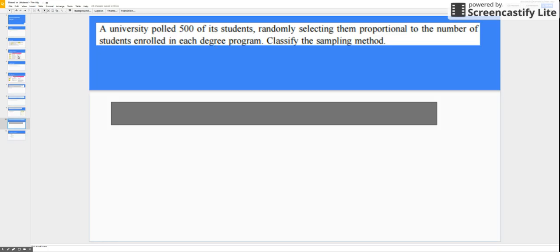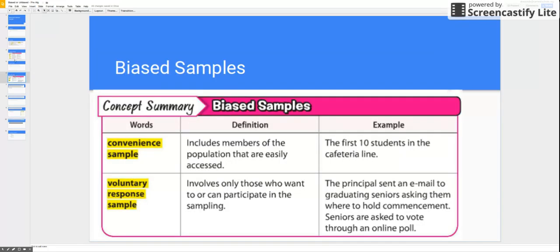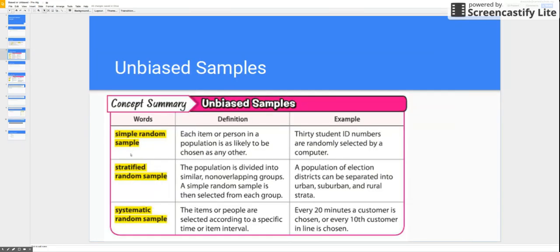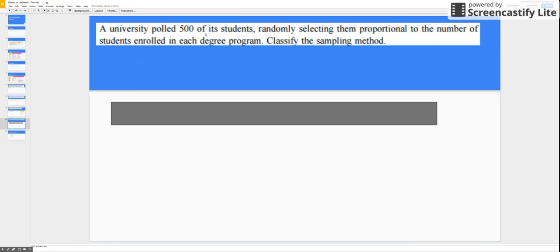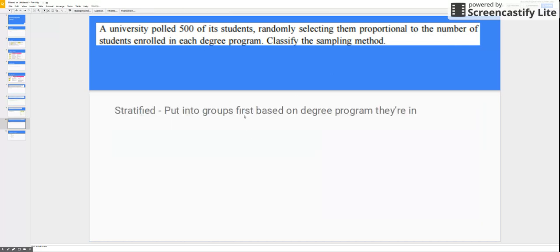That sounds a lot like a stratified random sample. The population is divided into similar, non-overlapping groups. They're all grouped based on their degree program. So that would be stratified. They're put into groups first based on the degree program they're in.